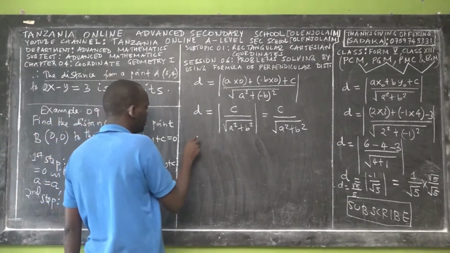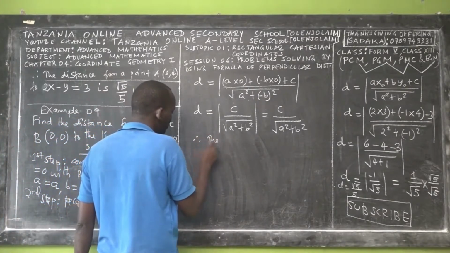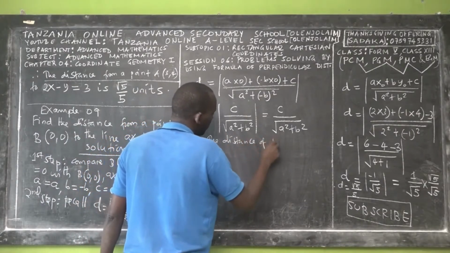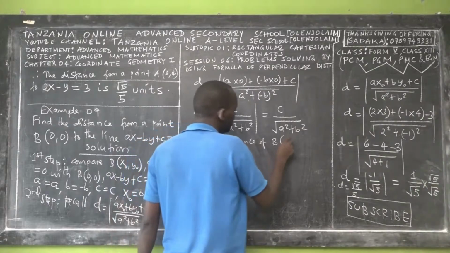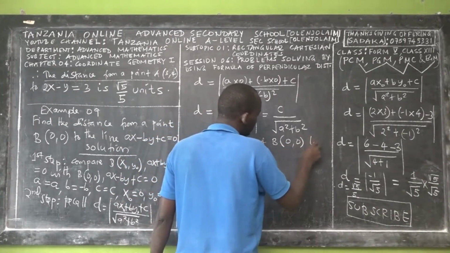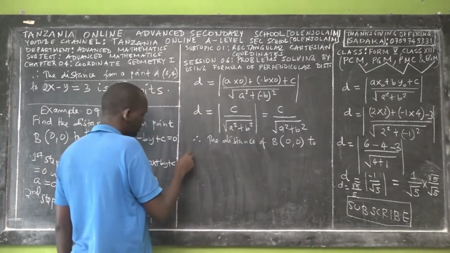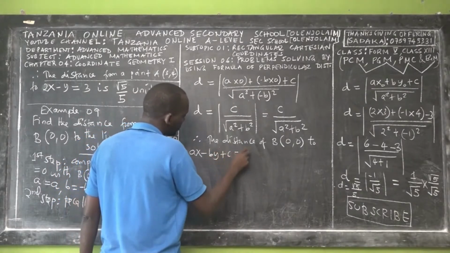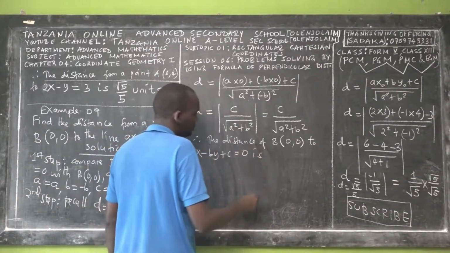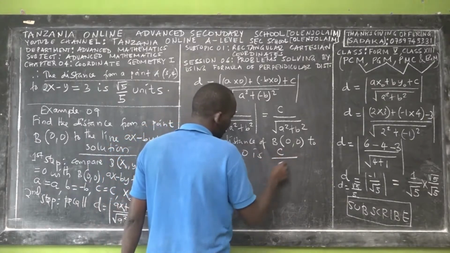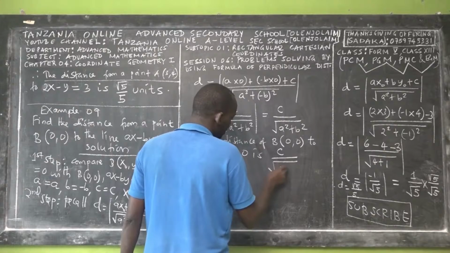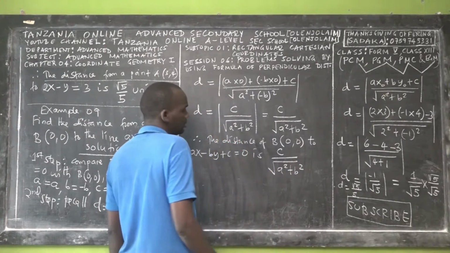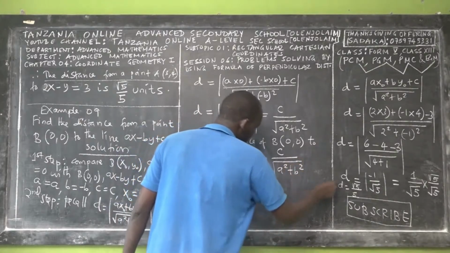So therefore, the distance of B, which is (0, 0), to the line Ax minus By plus C is equal to 0 is C over the square root of A squared plus B squared, just like this.